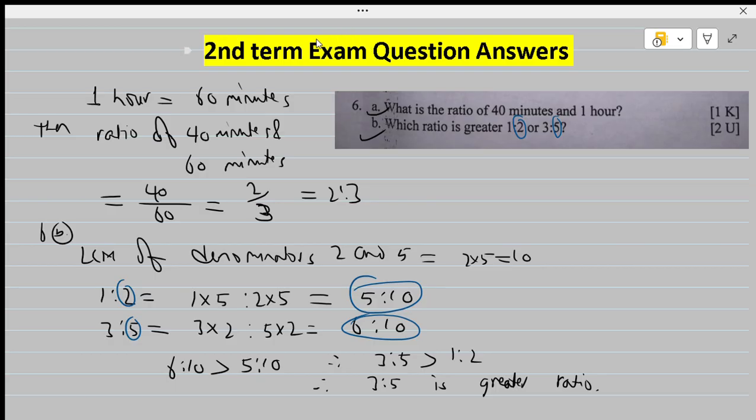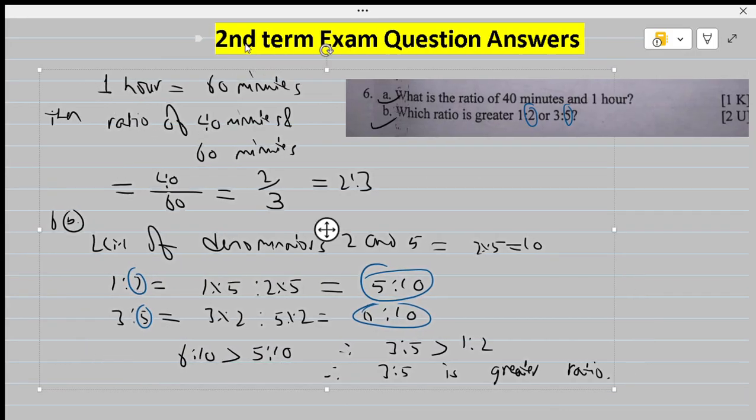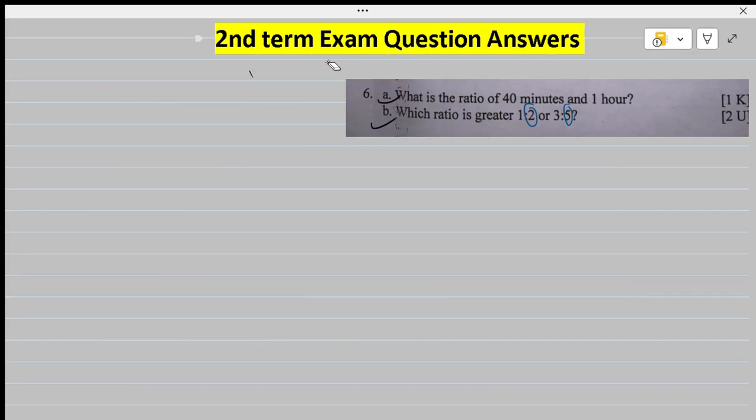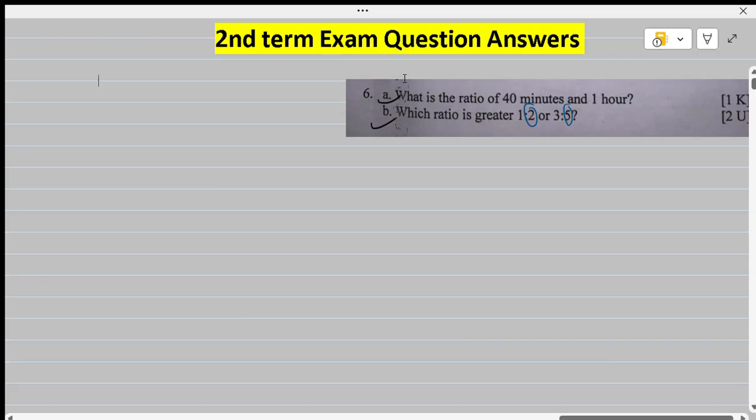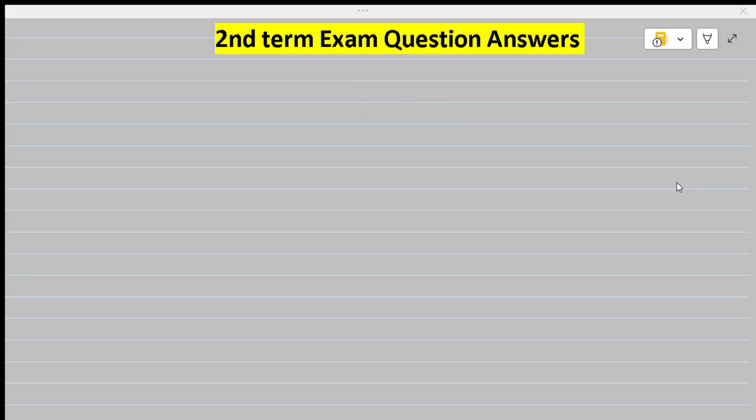Now it is time to start from 7. I go with number 7. In number 6, A and B are finished, C and D remaining.